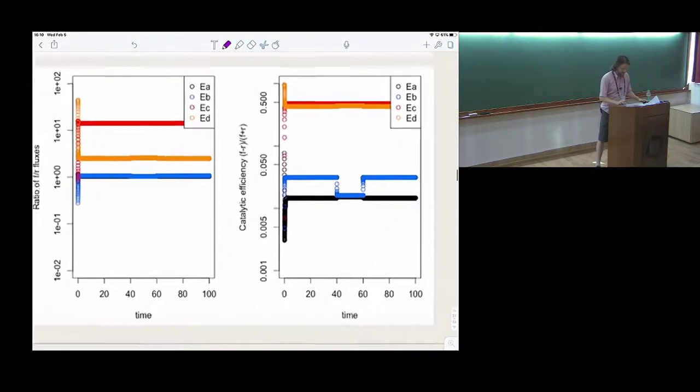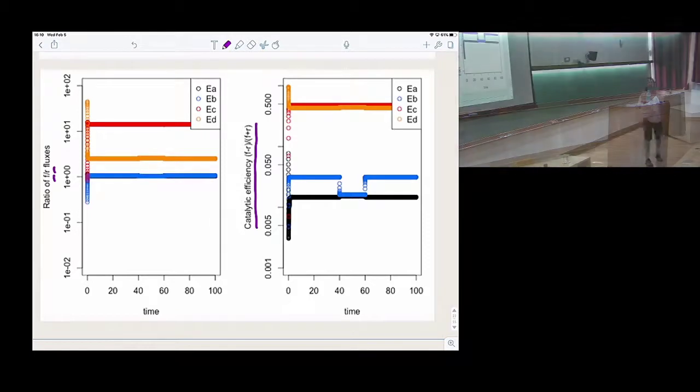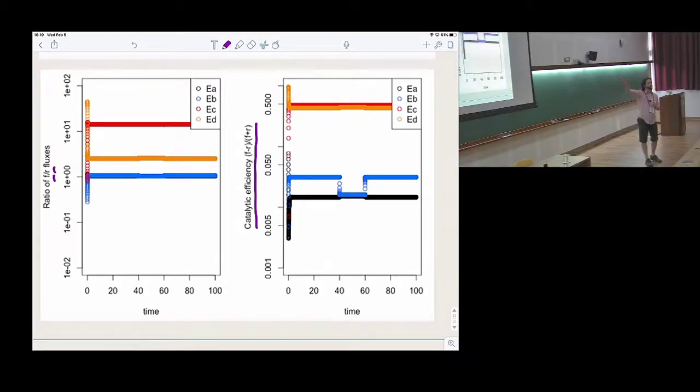But we can look at that either as the ratio of forward to reverse fluxes, or I think the most interesting for me is thinking of the catalytic efficiency of all the reactions that you've actually done to substrate or product, the total. So F plus R, the forward plus reverse, how much of it actually moved in the direction of net flux, the F minus the R?